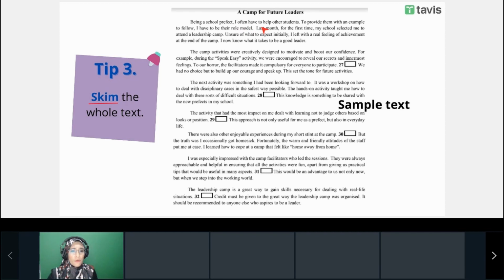We don't want to know the whole thing. We just want to get to know the idea of the whole text. All right, so read this very quickly. What we call skimming. Okay, skimming. Now, let's move on to the next tips.